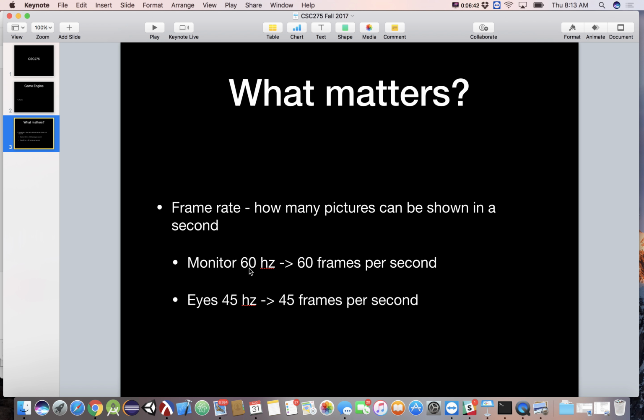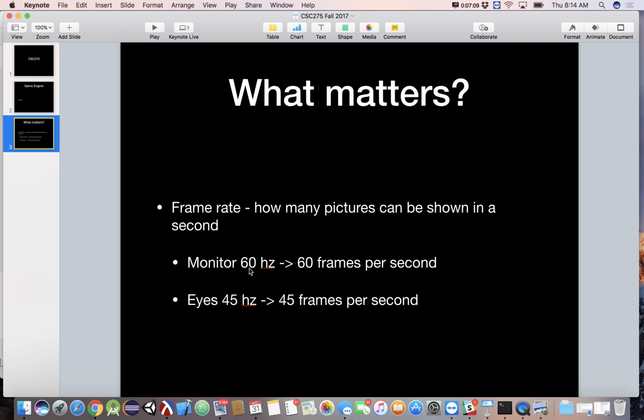If you want to see it in smooth motion, and these guys are throwing it pretty fast, you're missing frames in the middle, where the ball used to be here, and then instead of being right next to it, it ended up being here in the next one. So you saw that shadow in between. So the idea is a faster refresh rate on your monitor means more frames that could possibly be shown per second.